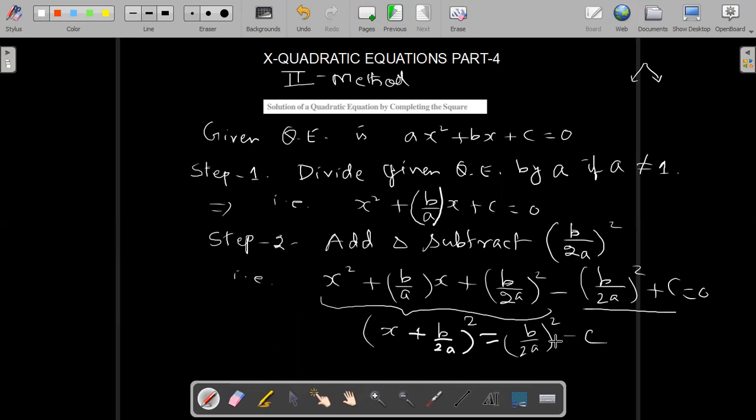Solve, put the square root and get the answer. This is the procedure and now I will do the question. Just remember a should be 1. If it is not 1, divide by a, and then whatever you get as the coefficient of x, divide by 2 and its square should be added and subtracted.